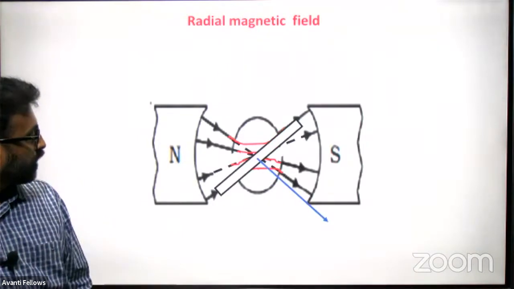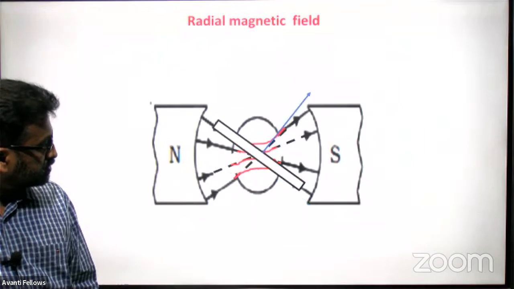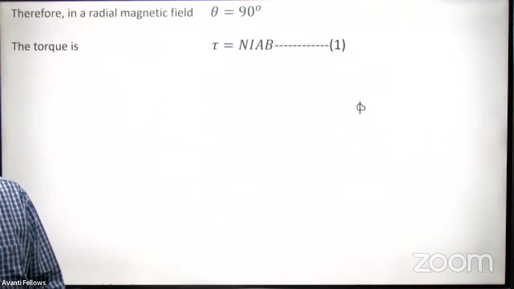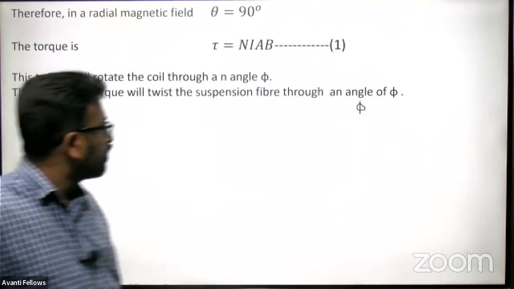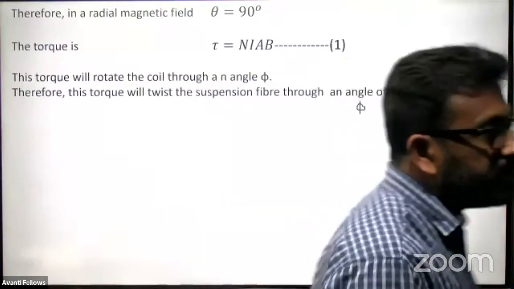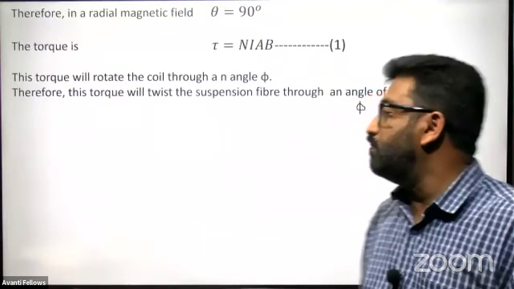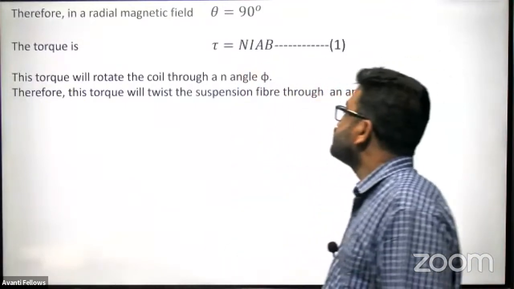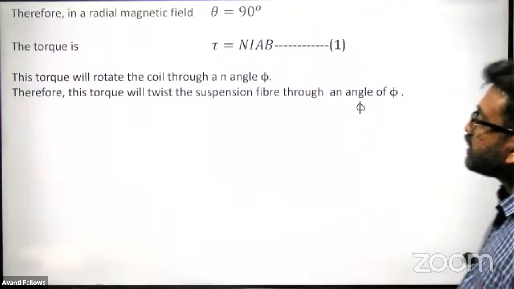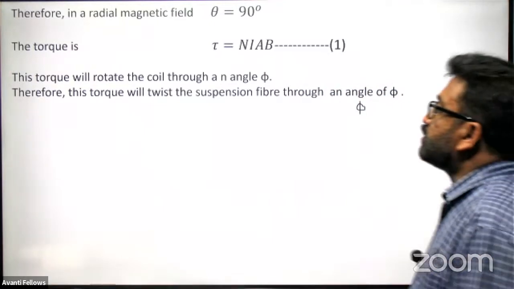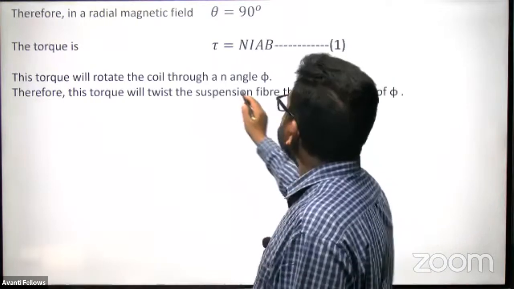Now, in a radial magnetic field, theta will be equal to 90, so the torque will be equal to NIAB. N is the total number of turns, I is the current, A is the area, and B is the magnetic field. The torque will rotate the coil through an angle phi.